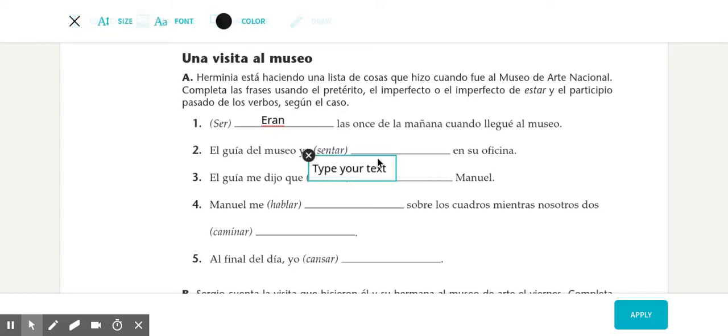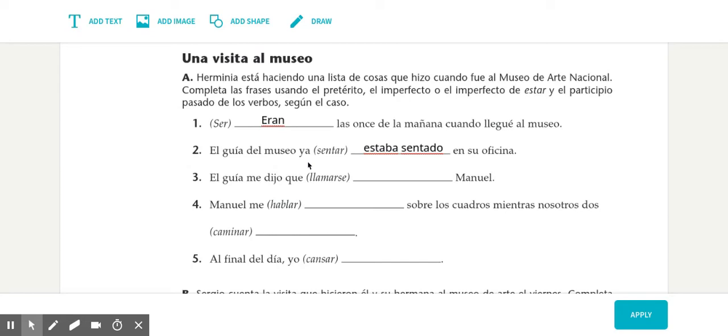He was already seated. Ya estaba sentado, ¿verdad? Ya estaba sentado en su oficina. Now, the giveaway here is the ya. So that tells you he was already sitting down.